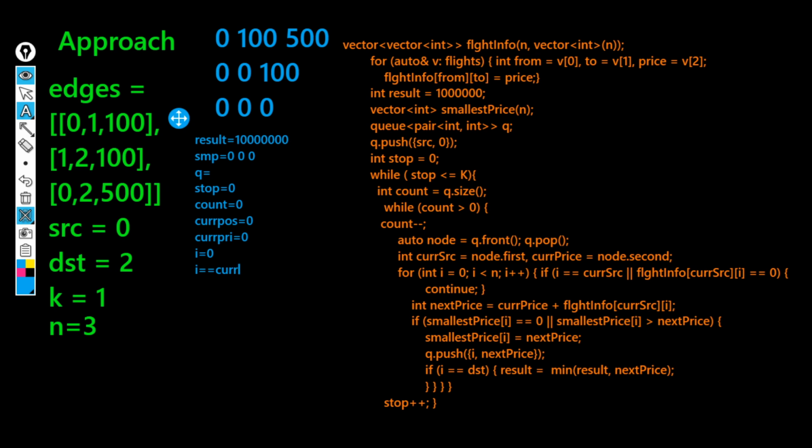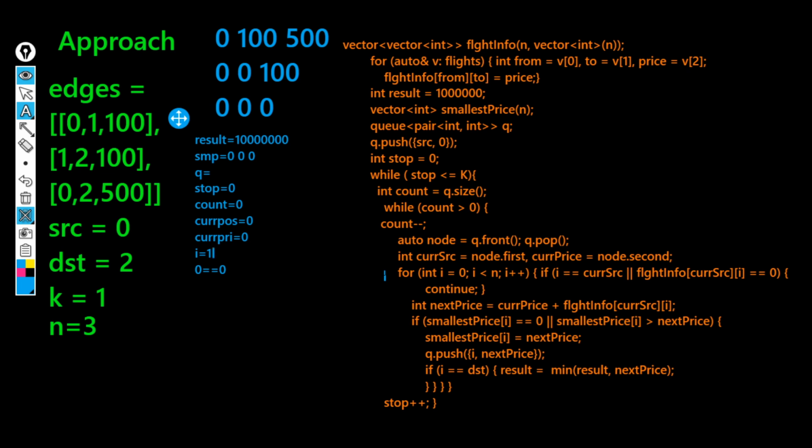So mainly i is pointing to the destination where we have to go. In this case i equals 0 and the current position is also 0, so the condition becomes true here. It will continue and then the next iteration will occur.